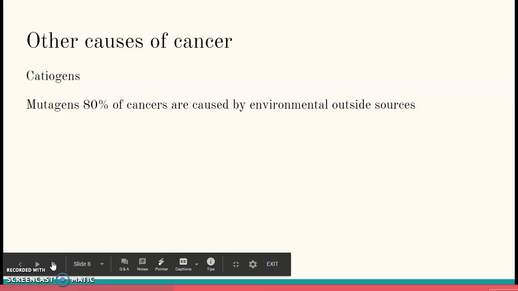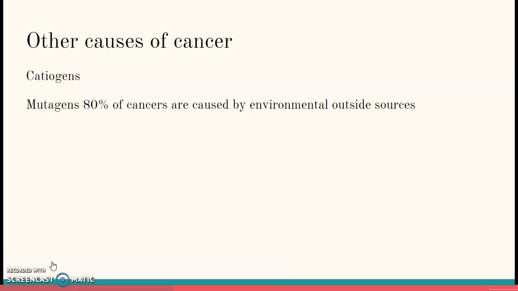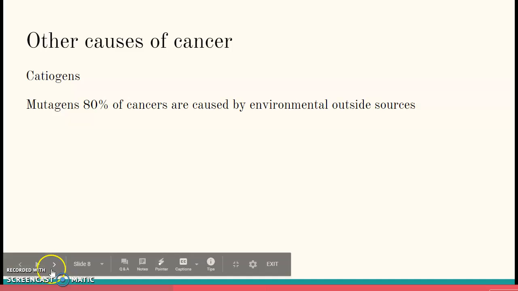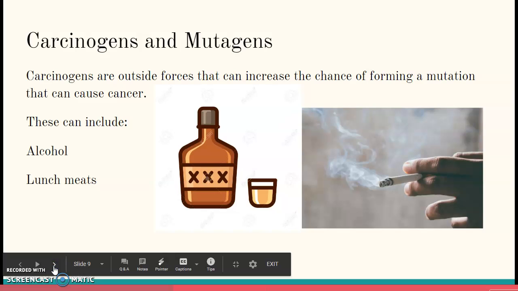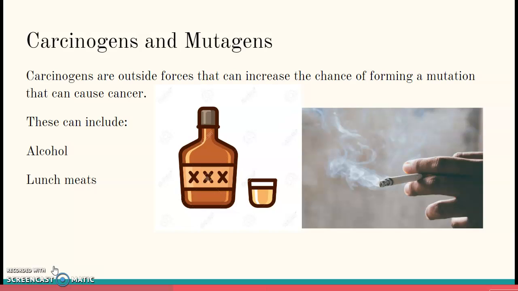Other forces like carcinogens and mutagens. Mutagens cause 80% of cancers by environmental outside sources. These sources include alcohol and lunch meats, and they can, like carcinogens, increase the chance of forming a mutation.